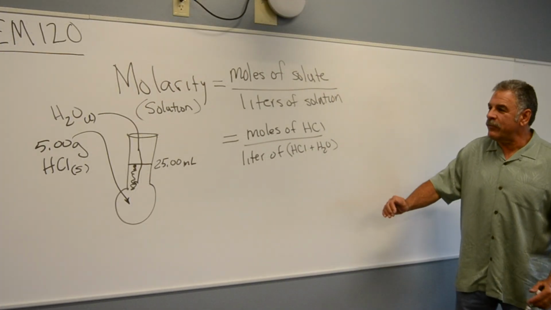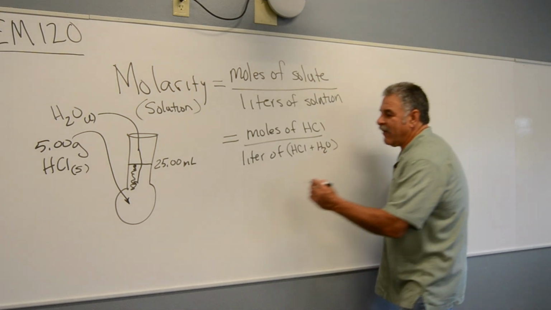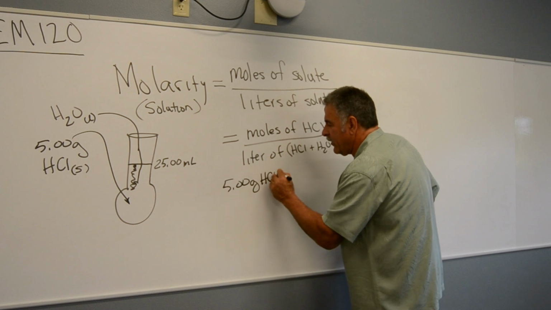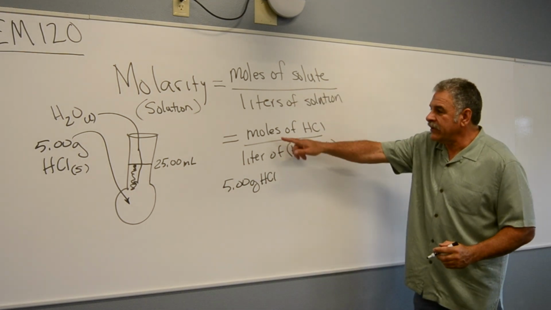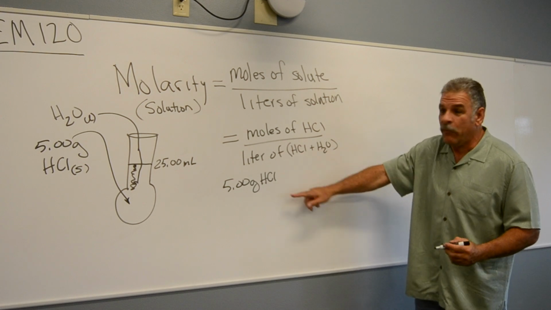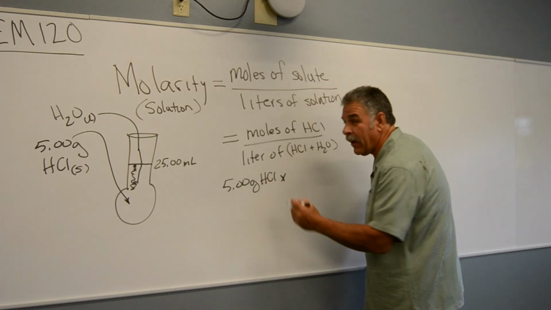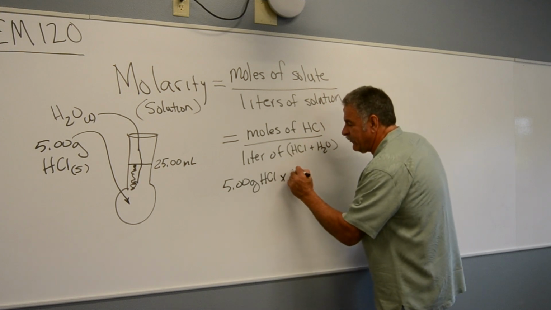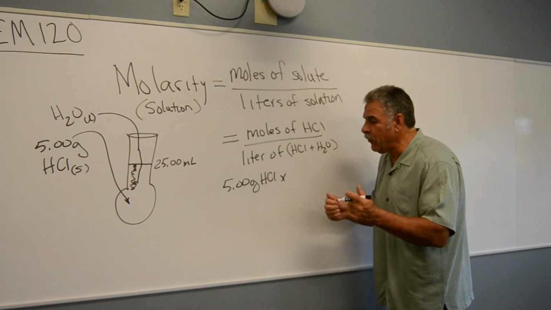Okay, so let's keep going with this example. We have 5 grams of HCl. We can't convert that to molarity yet because we don't have moles of HCl. So we have to determine the moles of HCl first. Remember, grams to moles, so that we can do comparisons in stoichiometric ratios, which are whole number ratios.